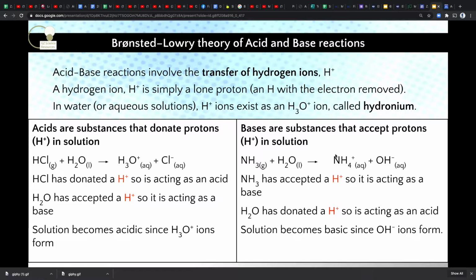Amphiprotic, yeah. What were you going to say, Ella? Does that link into water as straight water, the equilibrium between H3O+ and OH-? That's true, because that happens when two water molecules are reacting with each other, right? One of those water molecules is donating a hydrogen and the other is accepting.